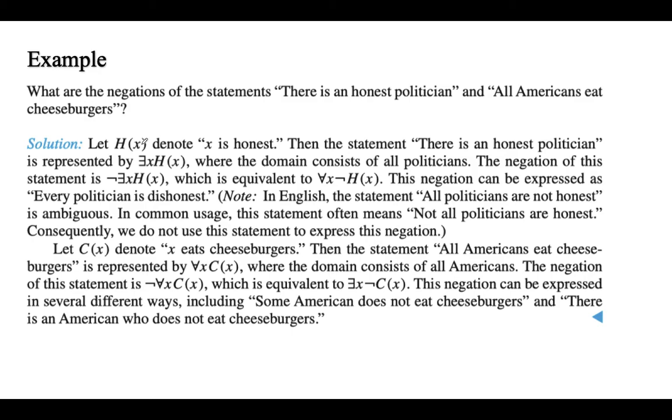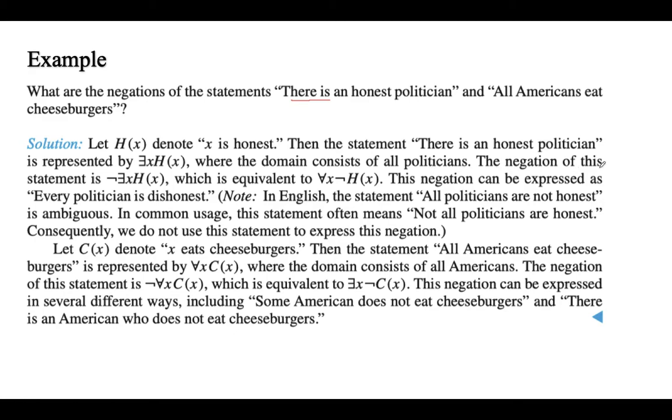So we say there exists x H of x, because H of x means x is honest. Then the statement there is an honest politician is represented by there exists x H of x, where the domain consists of all politicians.